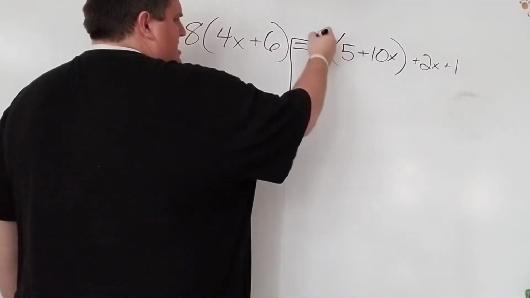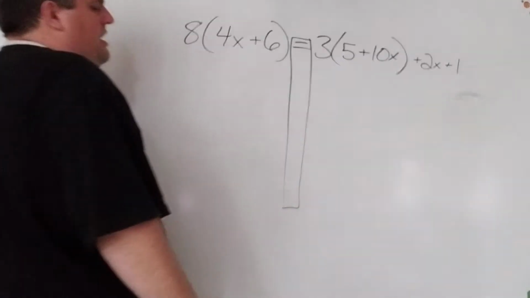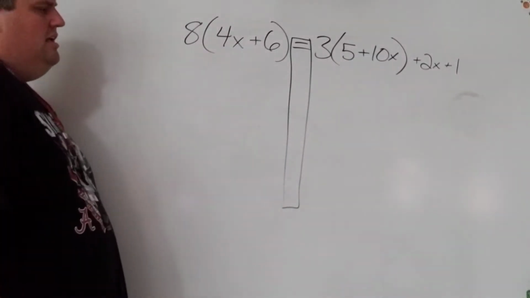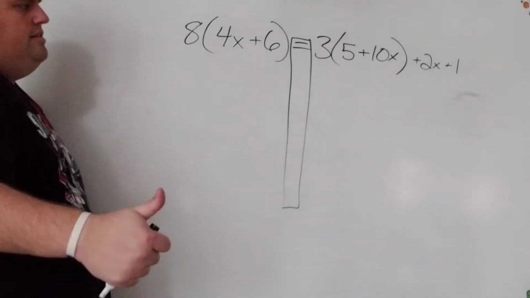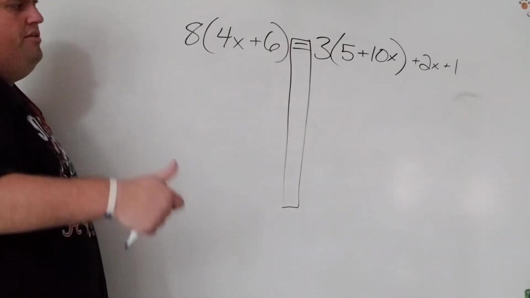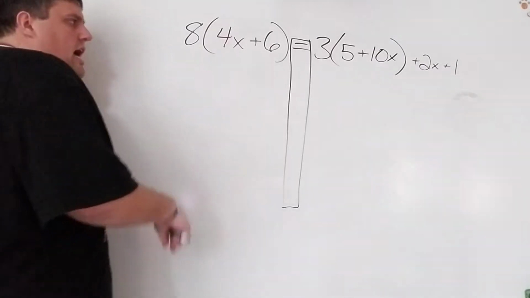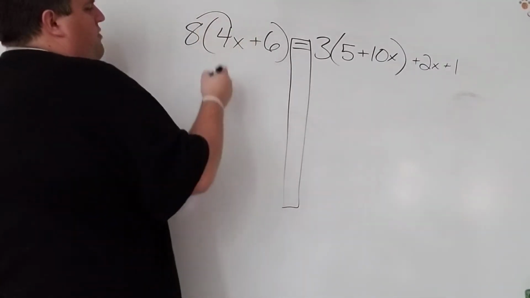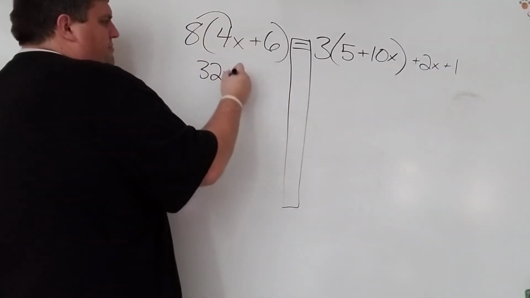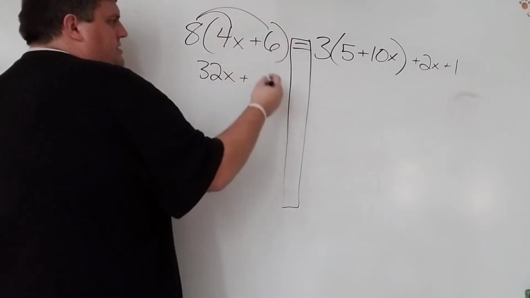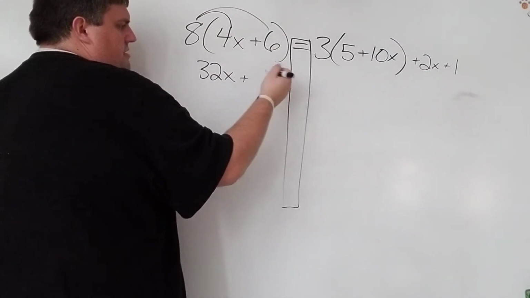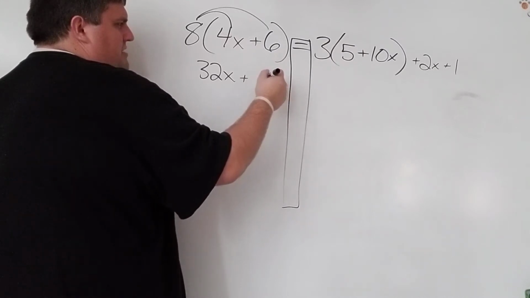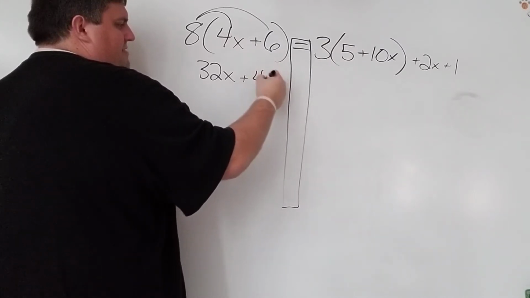As you can see, nothing I really want to clean up. All those are plus signs, so I'm good there. I am going to distribute. So 8 times 4x is 32x. And 8 times 6 is 48.